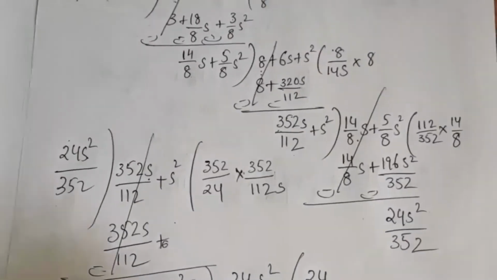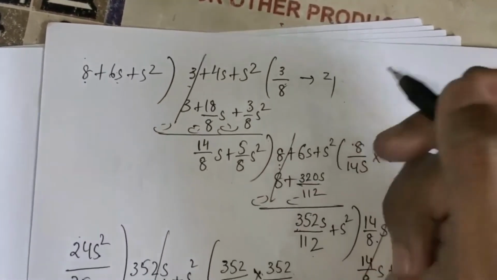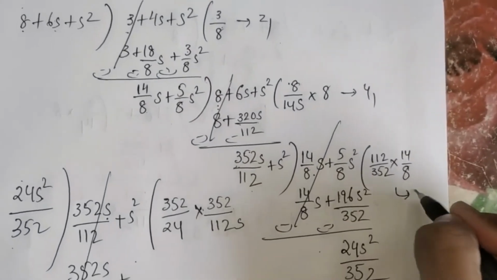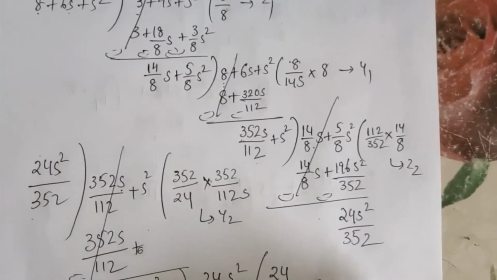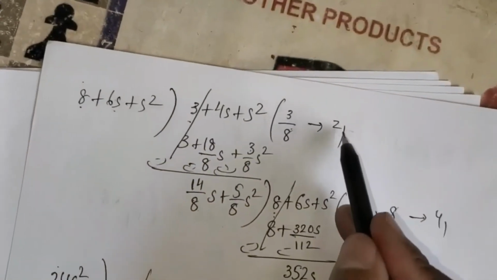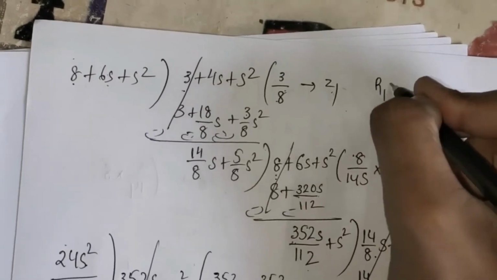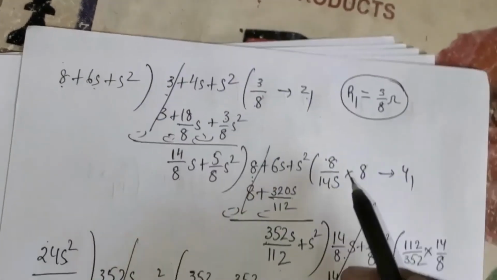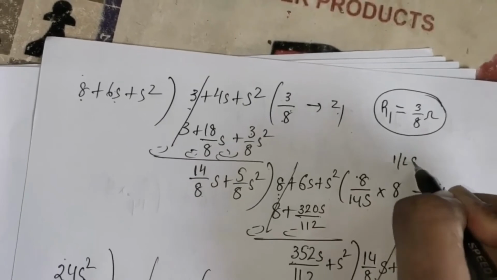Since this is done on the impedance function, the first term is Z1, the second term becomes Y1, the third term becomes Z2, the fourth term becomes Y2, and the last term becomes Z3. Since this is Z and this is a constant function, it indicates R1 value is 3 by 8 ohms. Since this is an admittance function, it is in the form of 1 by Ls.